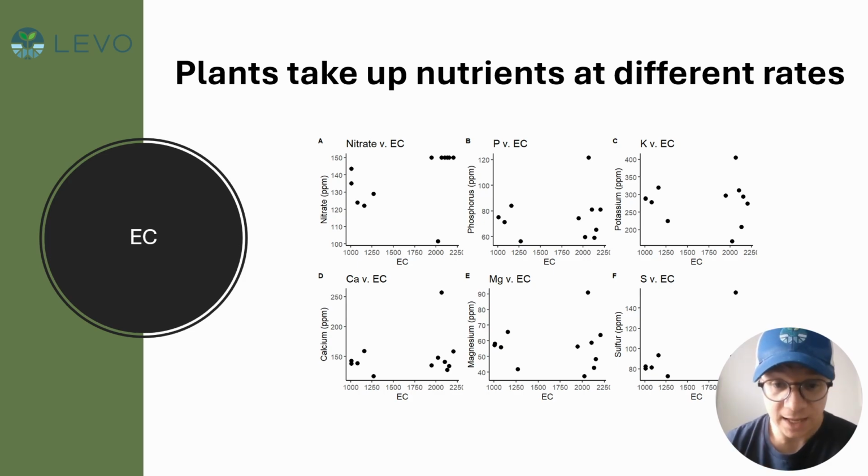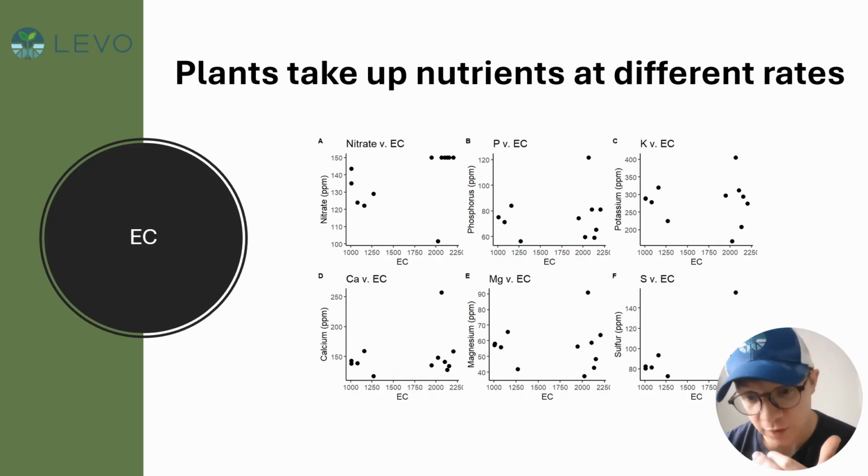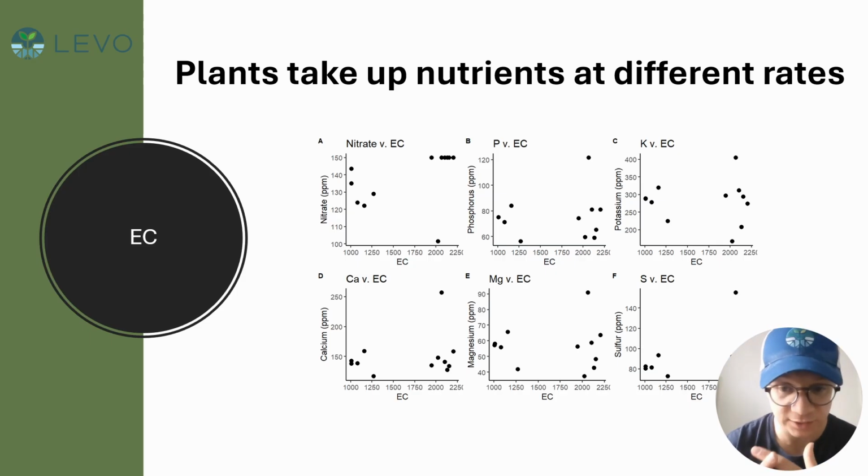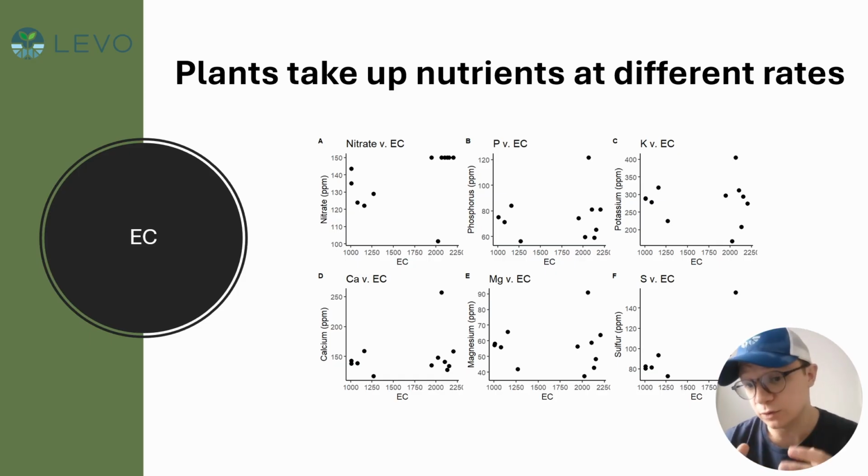As EC increases, we don't see a clear, regular corresponding increase in the concentration of nitrate. This was also true across the board for the other nutrients like phosphorus, potassium, calcium, magnesium, sulfur, and any of the other nutrients that we looked at.